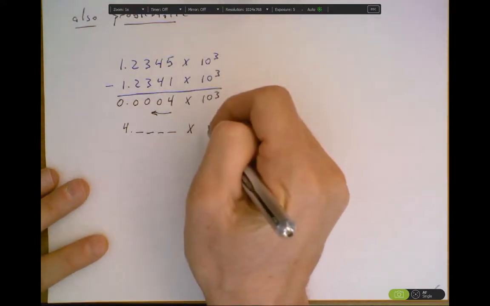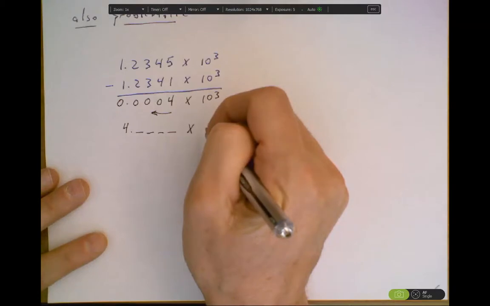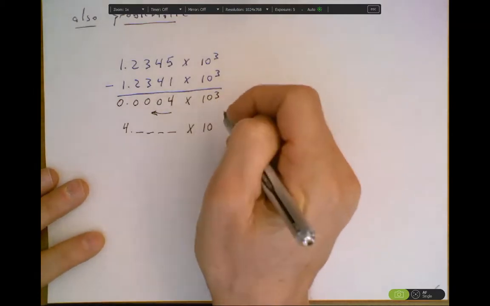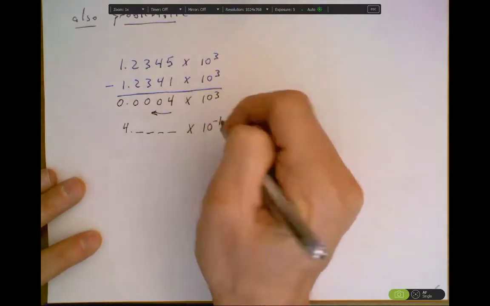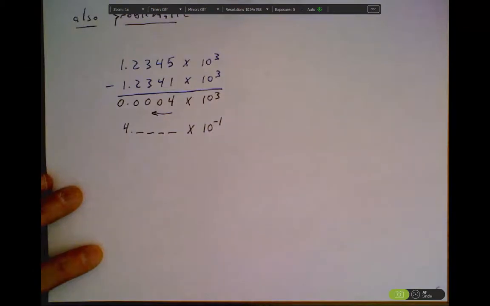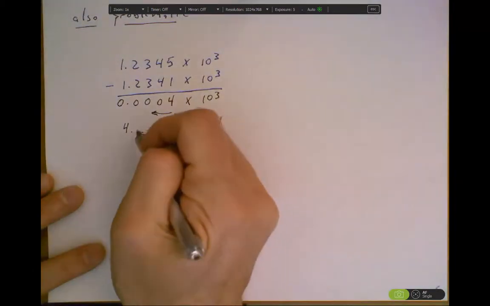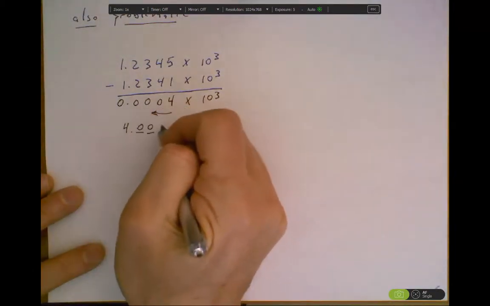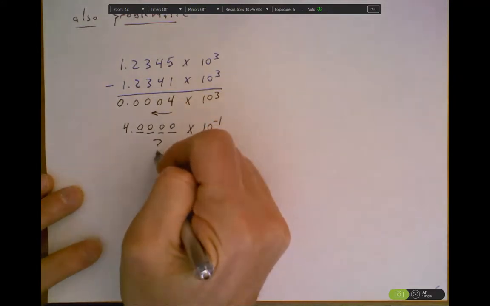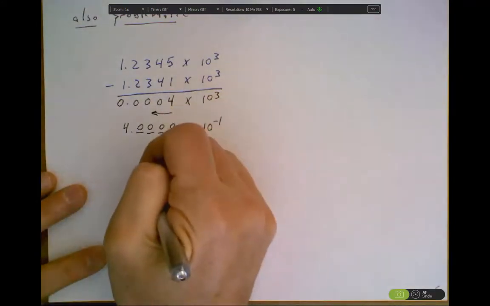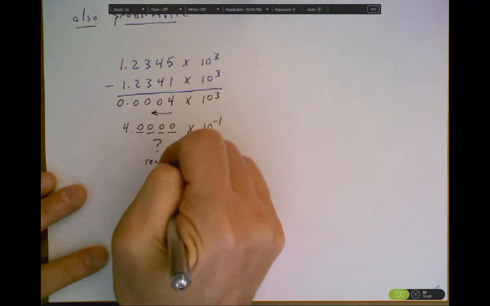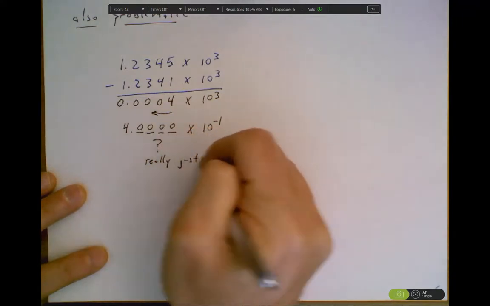What's the exponent? I shifted over 4, so I guess I have to decrease it by 4, right? And maybe I put zeros in there, but I don't really know. Those are really just garbage.